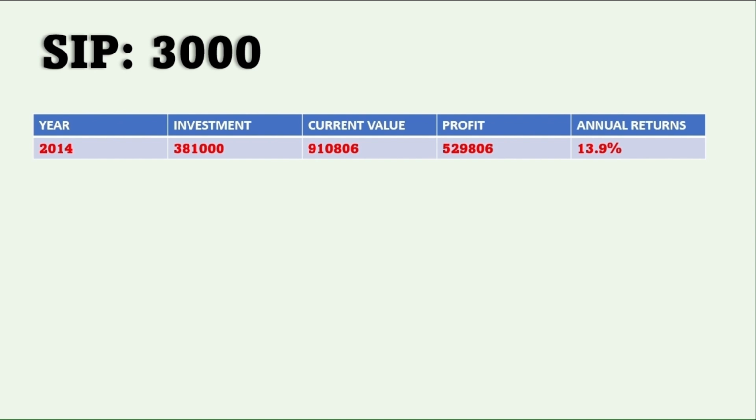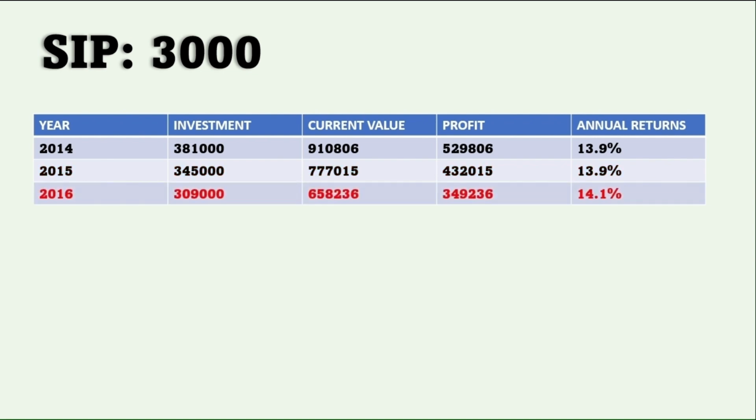Similarly, if you have started the SIP in 2015, your total investment would be 3,45,000 rupees. With an annual return of 13.9%, the current value would be 7,77,015 rupees and you would be making a profit of 4,32,015 rupees. Now let's quickly see the returns for subsequent years up until 2024.